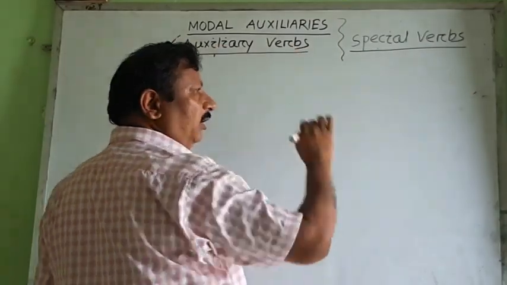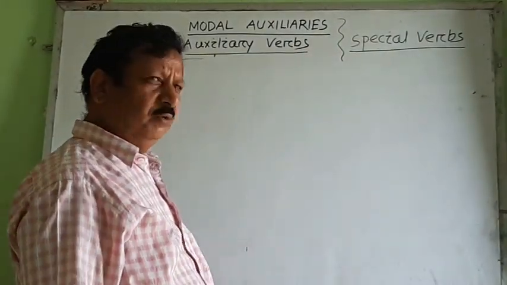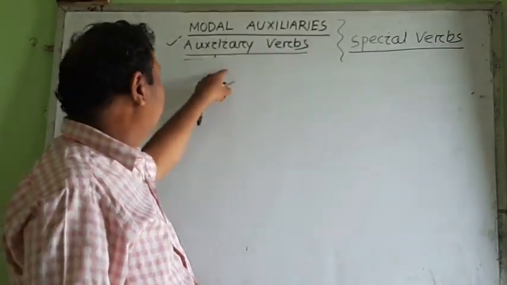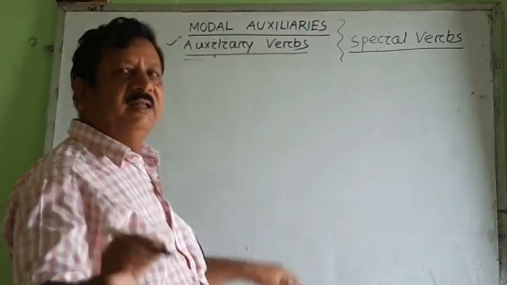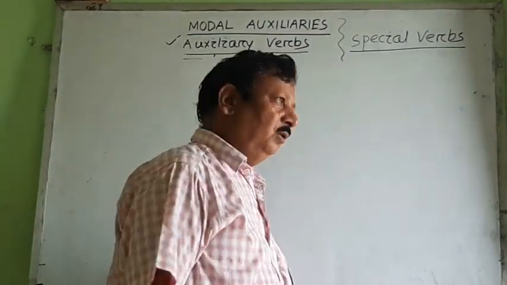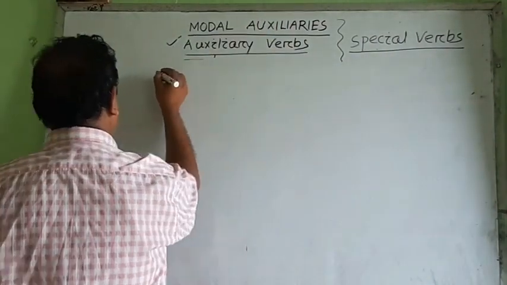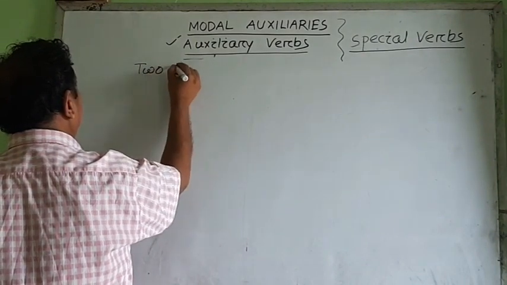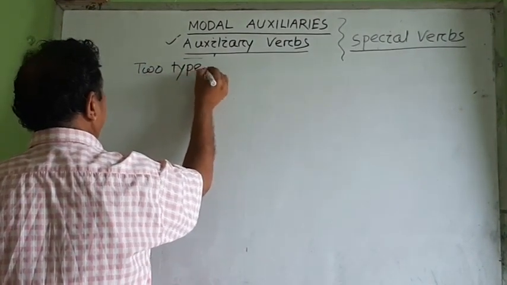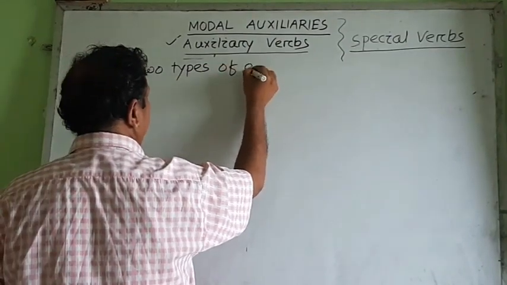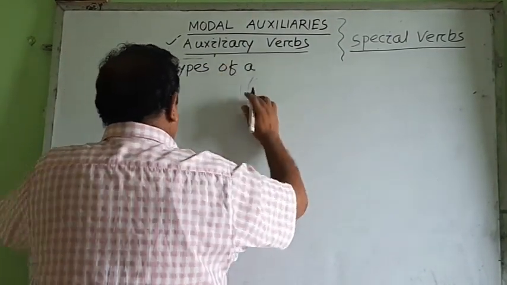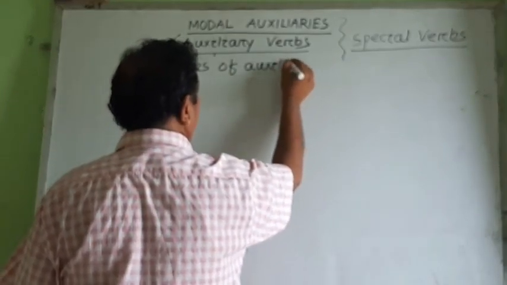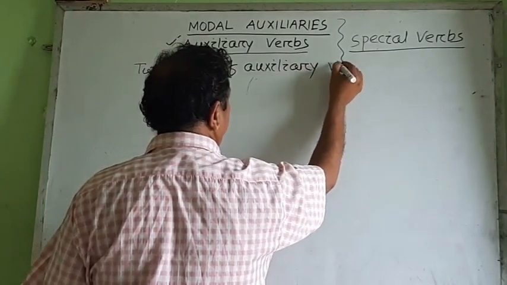As far as auxiliary verbs are concerned, we shall come later to modals. They are otherwise known as the modal auxiliaries or the special verbs. As far as auxiliary verbs are concerned, there are two types of auxiliaries. First of all, let us know about the two types of auxiliary verbs.